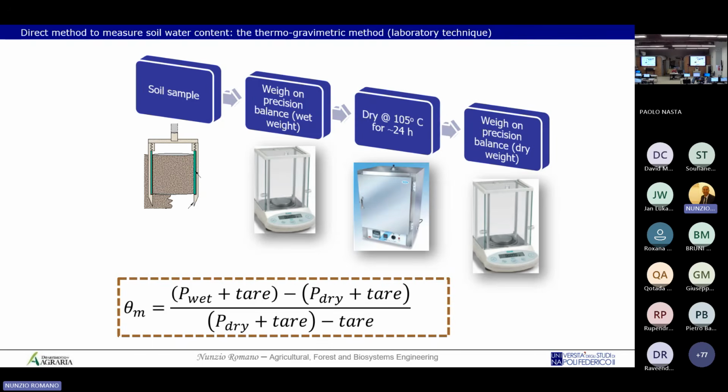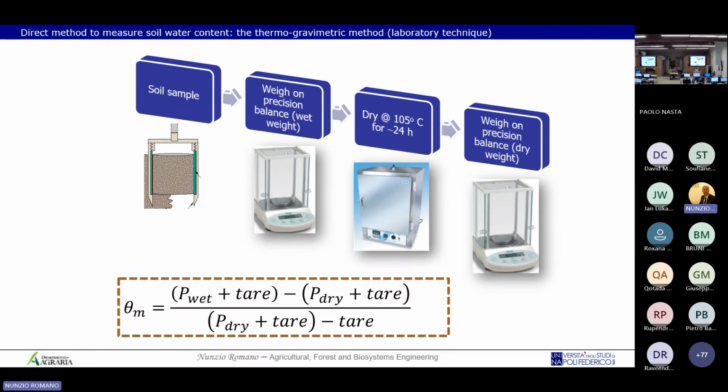And every one of you that has tried to collect a soil core, I am quite sure, can realize that if you are dealing with a sandy soil in the uppermost part of the soil, it is relatively easy. In 10, 15 minutes you can collect it.